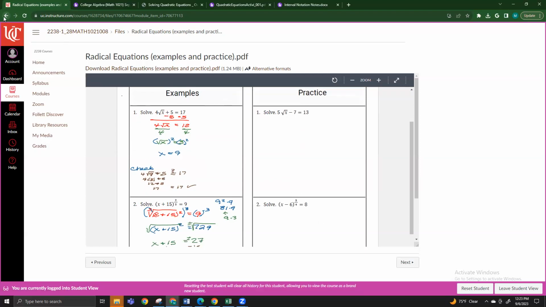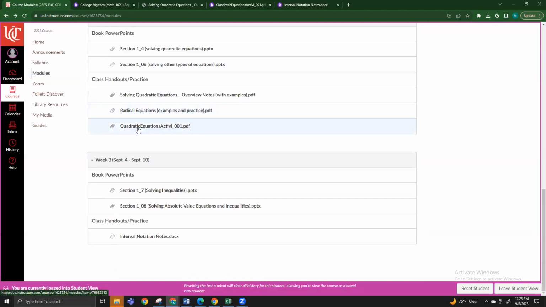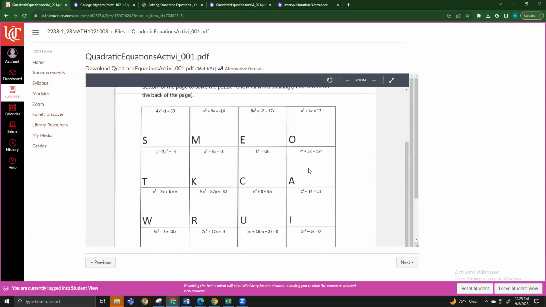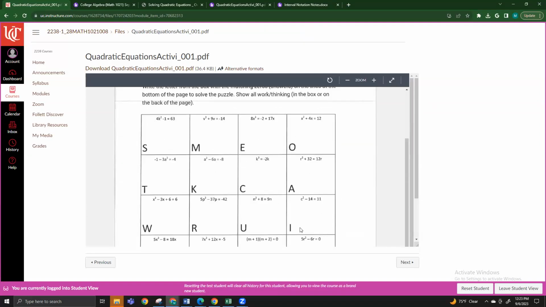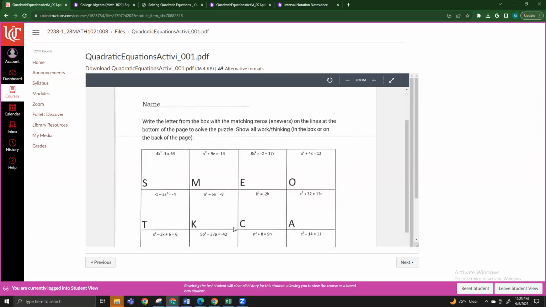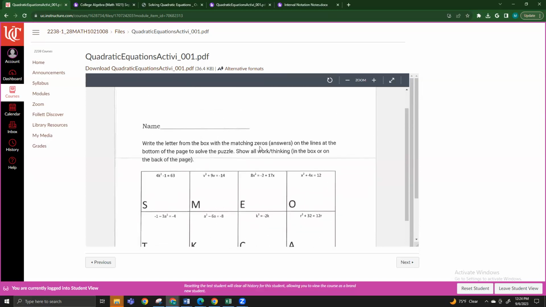The next thing we had is the activity that I gave you to work on in groups for a little bit on Friday. I will make a separate video working through all of these so that you can see how I would solve them. Remember, there were more boxes than answers, so there are some extra answers in there, because solving the quadratics is what's going to be on your quiz.